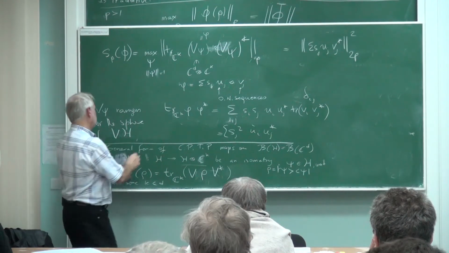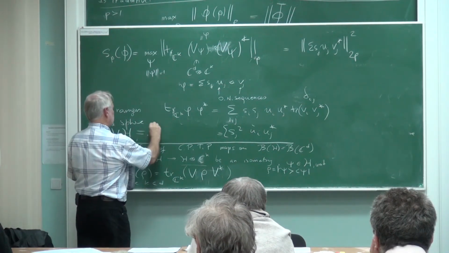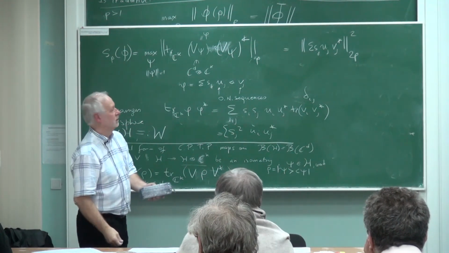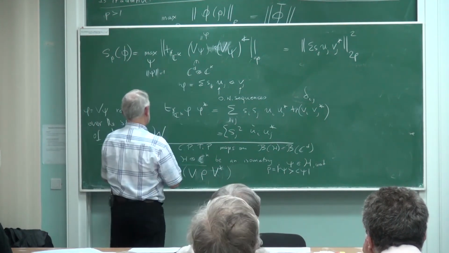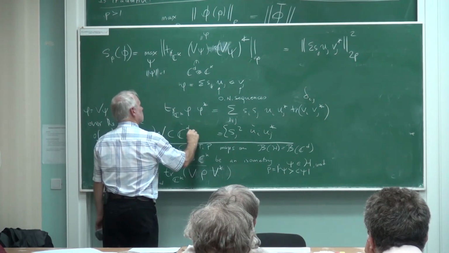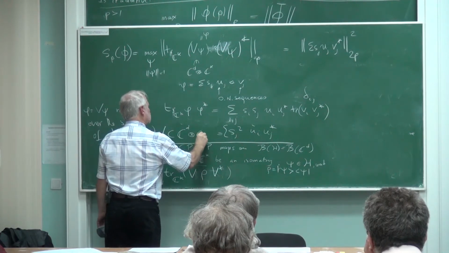I'm calling this W, and this is just a d-dimensional subspace of this space here, contained in C^D tensor C^K.